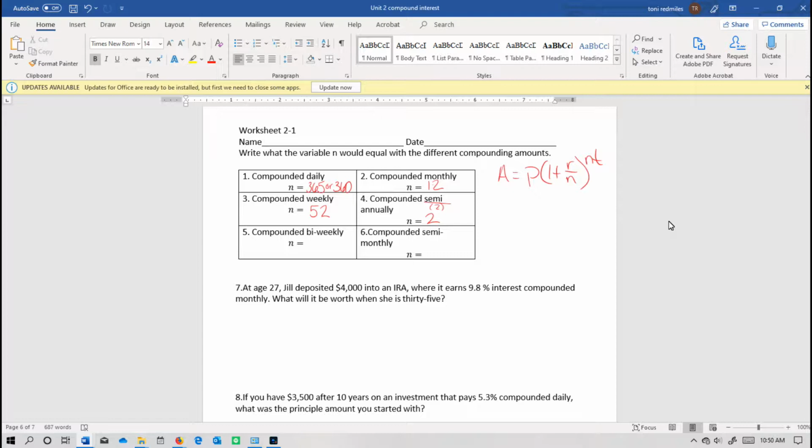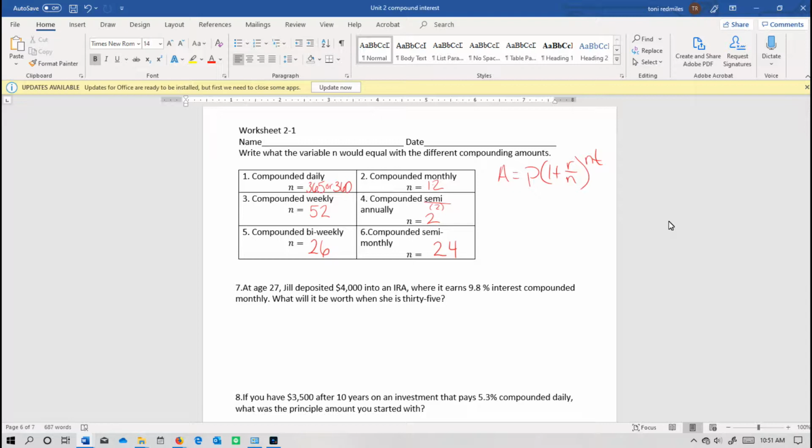Bi-weekly, if there are 52 weeks in a year and I compound every 2 of those weeks, it would be 26 times in a year. And semi-monthly, if I compounded twice in a month and there are 12 months in a year, it would be 24.